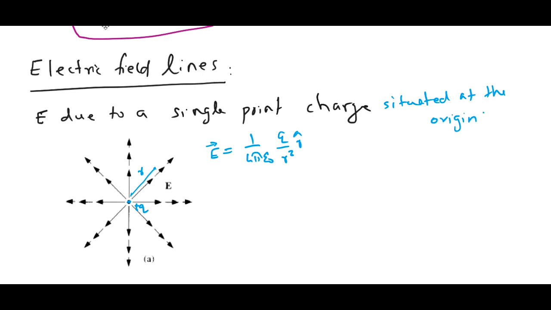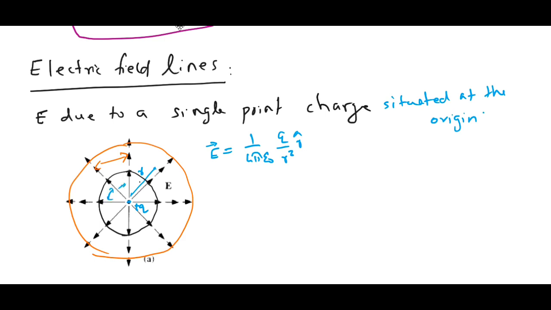Actually, what is the magnitude of the field? The magnitude of the field is indicated by the density of the field lines, which means if the field lines are closer, that is, if you look at this area, the field lines are closer. Now if you consider another circle, here the field lines are not closer, this is relatively far apart, but here the field lines are closer.